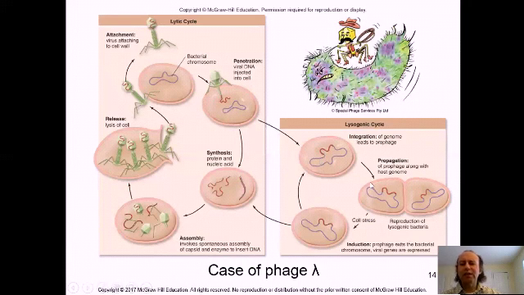And here the bacteria start to replicate and nothing happens. The virus is here. And there is a specific situation where this bacteria is going to enter the lytic cycle.